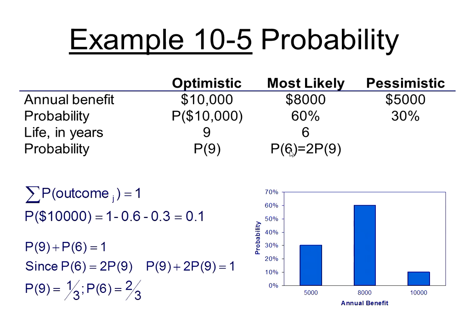Because P6 is twice P9, you plug in twice P9 here, and we get P9 plus twice P9, so it's 3 times P9 equals 1. Divide both sides by 3, and we get P9 is 1/3, and therefore plugging this in here, we get P6 is 2/3. So we found out that P9 is 1/3 and P6 is 2/3.